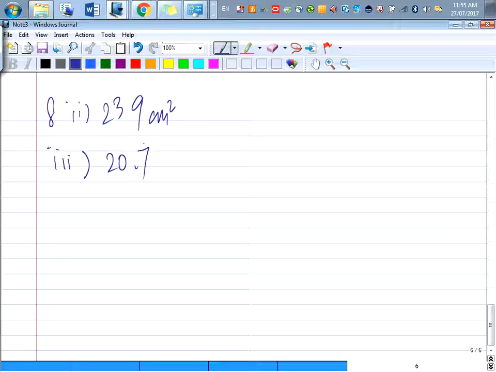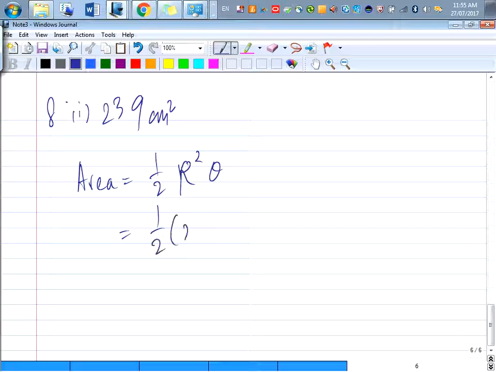So for this one, 8A part 2, sector area equals half r squared theta, which is half times 23.9 something squared times 48 degrees over 360 degrees times 2 pi.